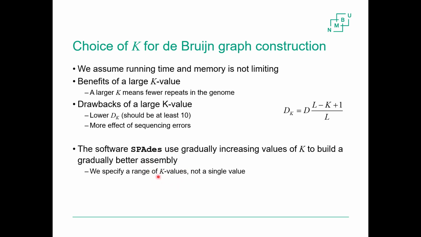And this of course makes it slow. So making an assembly with this software takes some time, but it's also considered to be sort of the best precision you can get in using short read data.